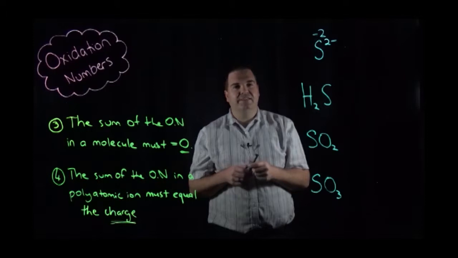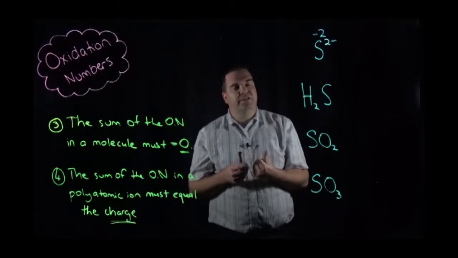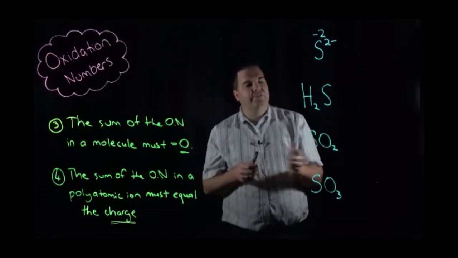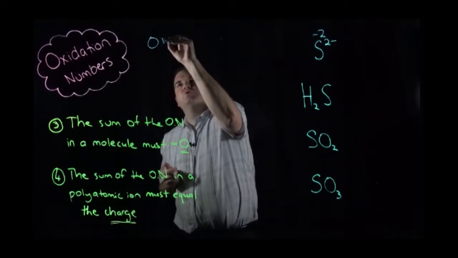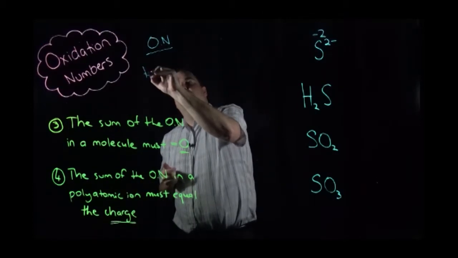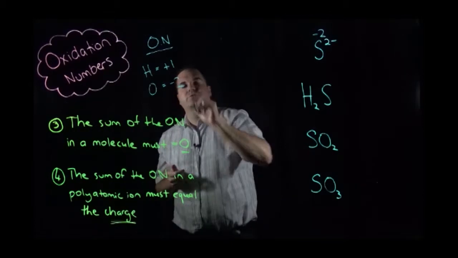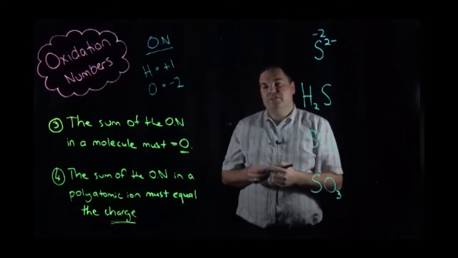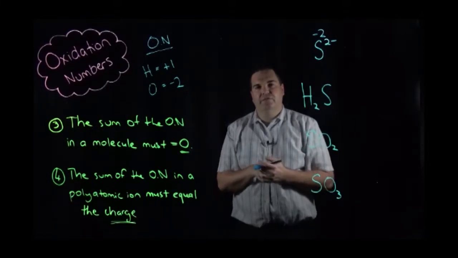And there's only one exception for that, which I'll talk about right at the end of the video. But if you just remember that hydrogen is a +1, and the other rule to always remember is that oxygen is -2. So for hydrogen it's pretty much always +1, and for oxygen it's -2. The only time that changes for oxygen is when they're combined together. And again, I'll explain that at the end of the video.